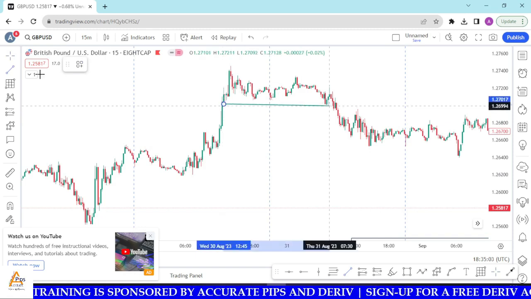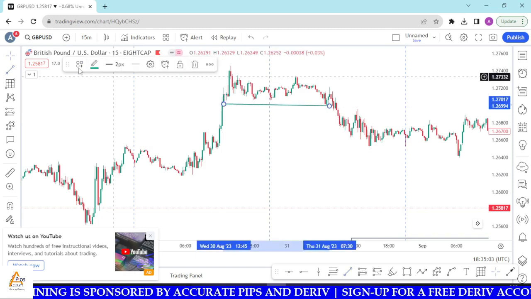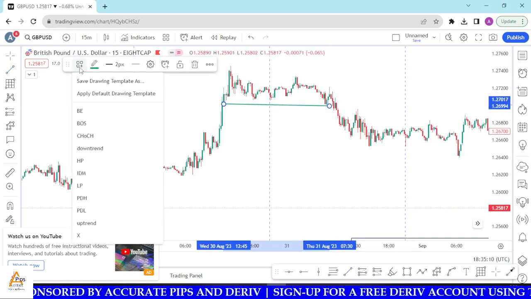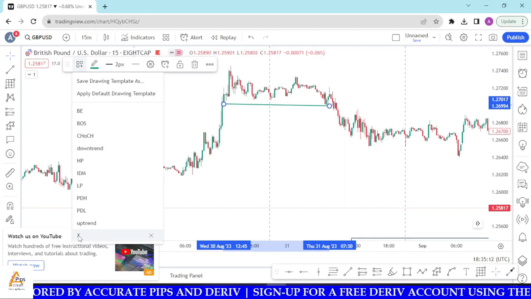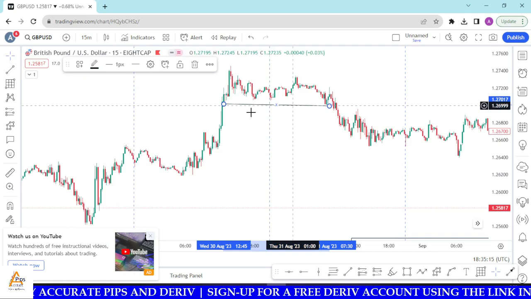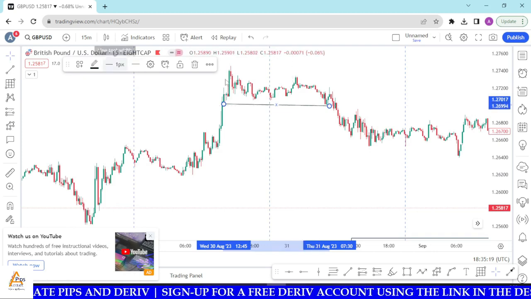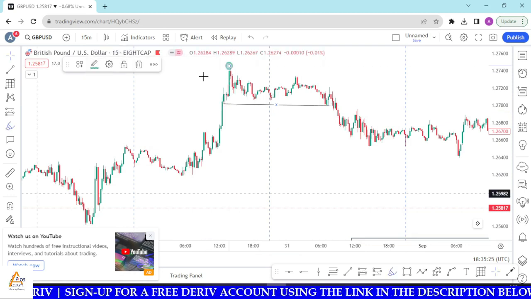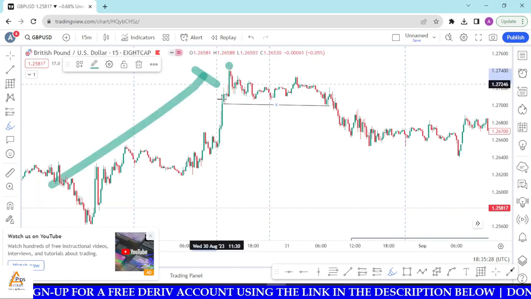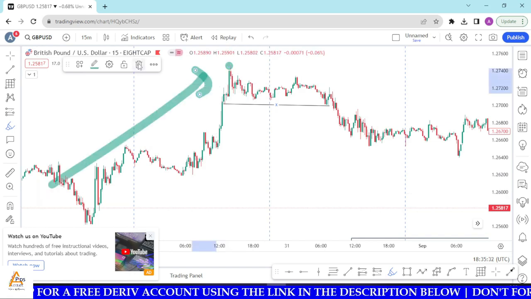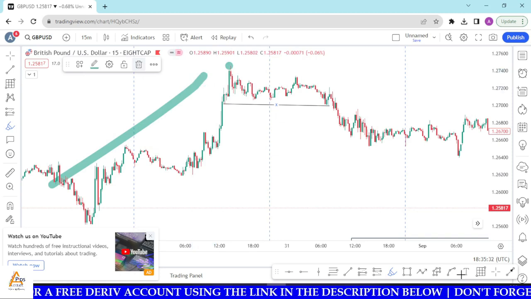So this is our inducement over here. So that confirms this particular high, because we were in an uptrend during this period. So this confirms our high over here.